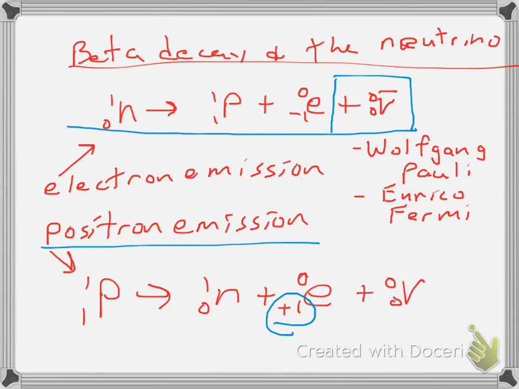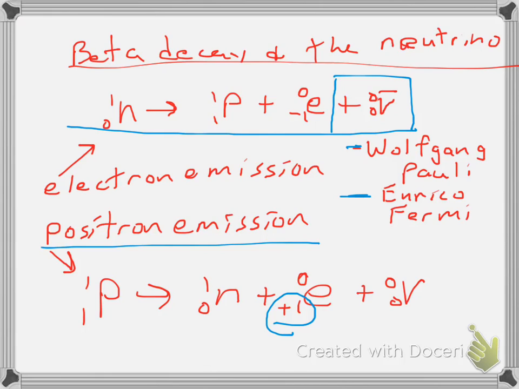So here's what we're going to talk about. Wolfgang Pauli, love that name, who came up with the Pauli exclusion principle, and Enrico Fermi both looked at these equations and thought that when you added up all the energy on one side of the equation, you had a little bit of a discrepancy of energies.